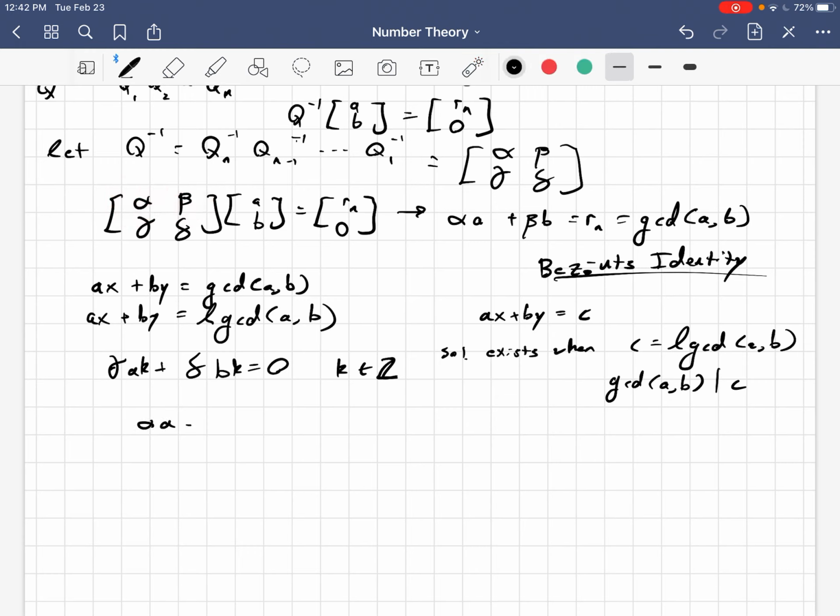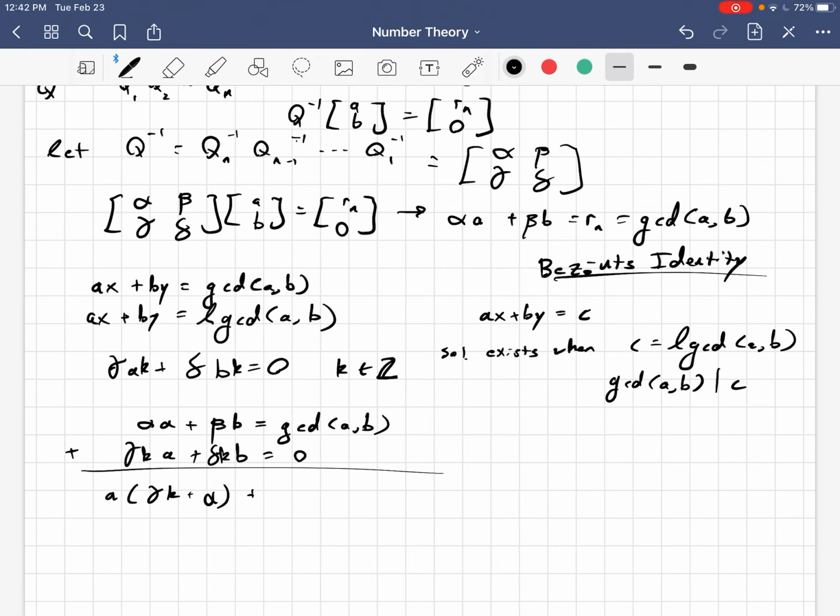But now we know that alpha A plus beta B is equal to the GCD of A and B. And we know that gamma Ka plus delta Kb is equal to 0, then I can add these two equations together, and I'll get that A times (gamma K plus alpha) plus B times (delta K plus beta) is equal to still the GCD of A comma B. And so this tells me all possible solutions, because K can be any integer, to any linear Diophantine equation of the form ax plus by equals c.